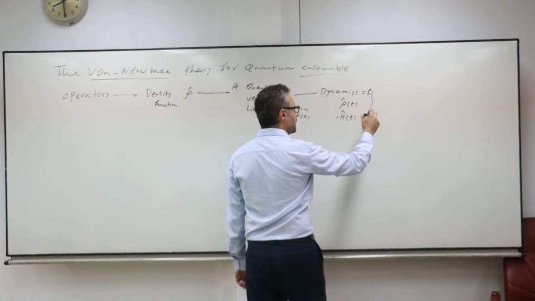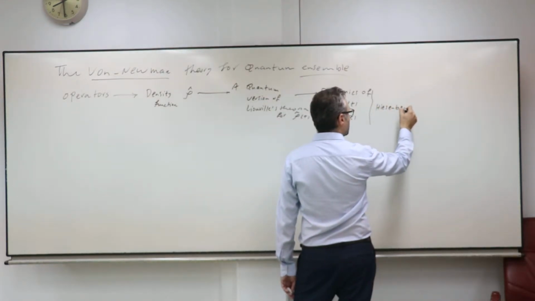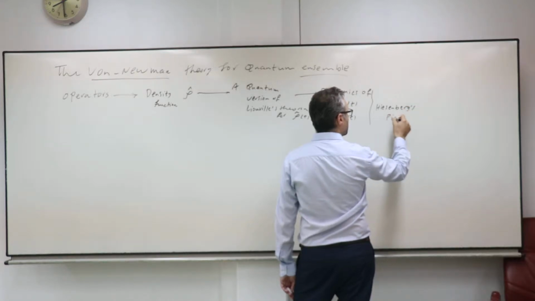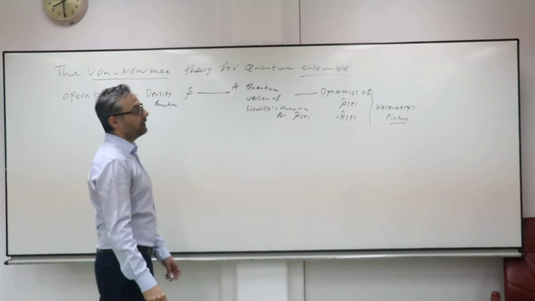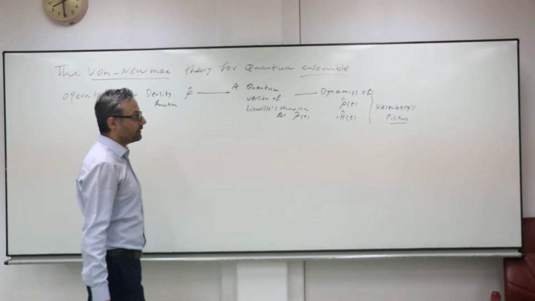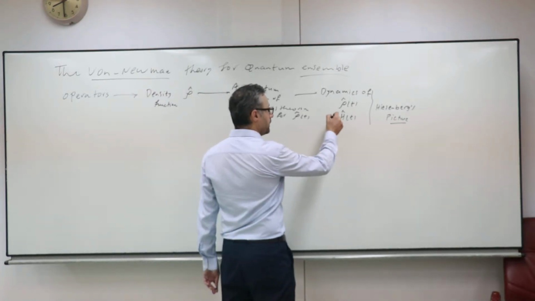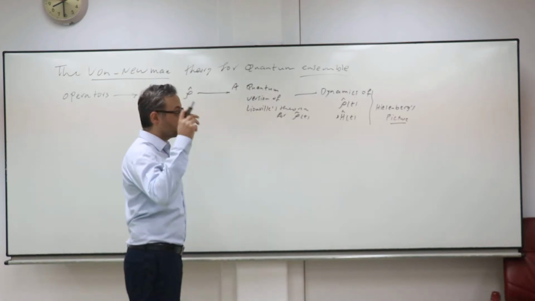And we will do all of them in the Heisenberg picture, where we freeze the state of the system and give the time evolution to the operators. There are two approaches to quantum mechanics.